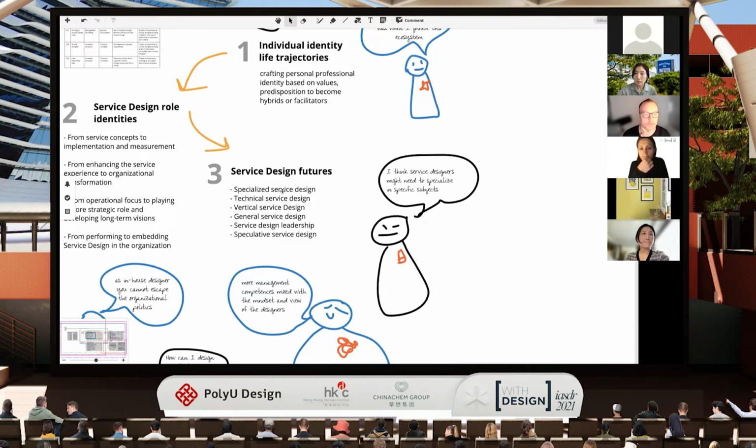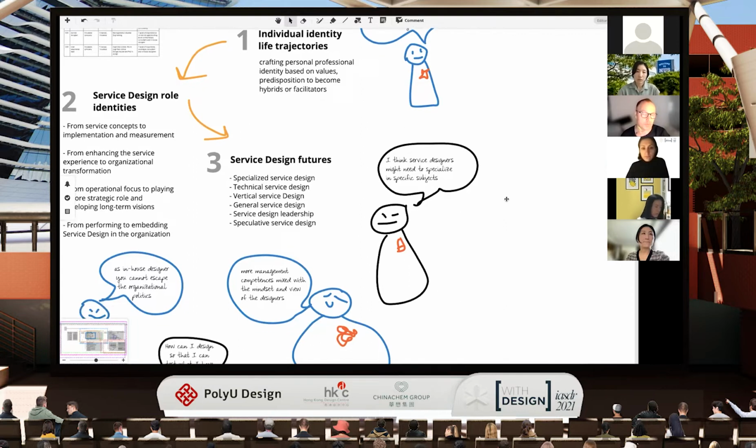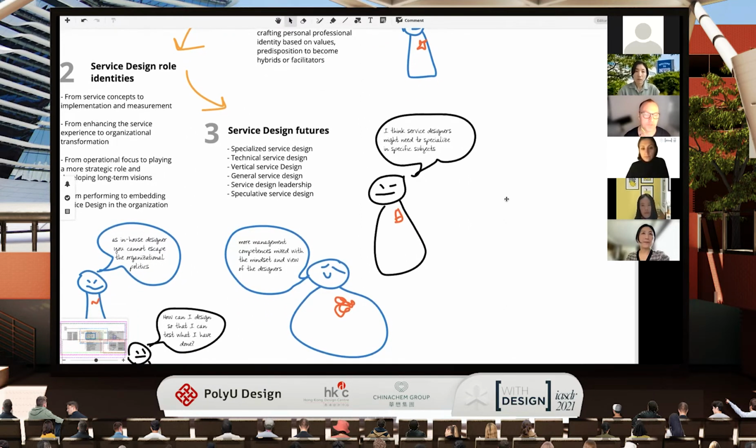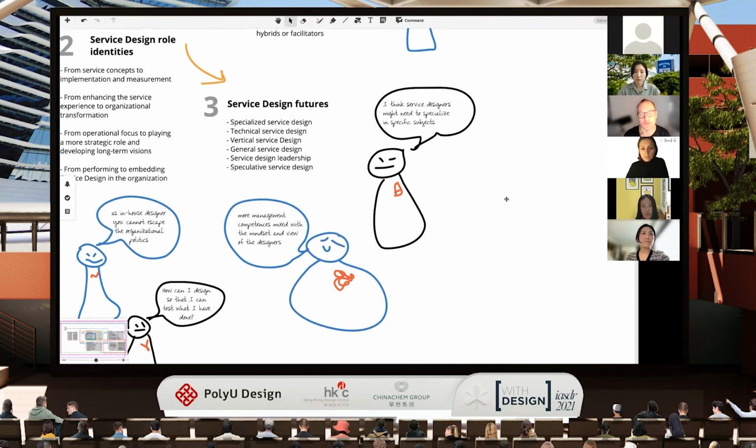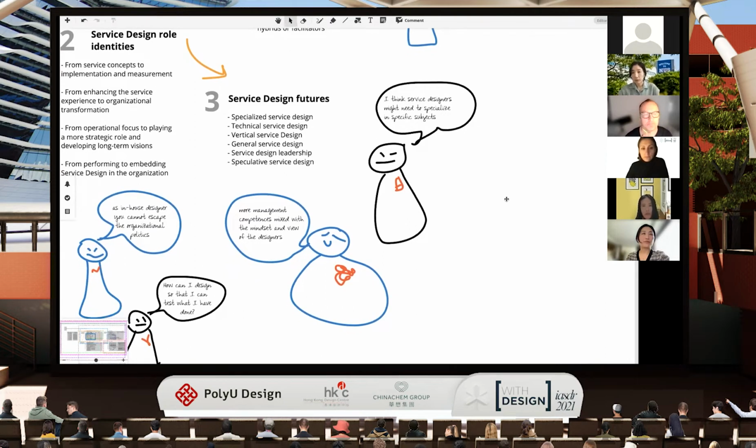So that's also part of this equation with the future. To look at service designers, we need to figure out both people in small and large consultancies, in small and large service companies, etc. So they may develop differently depending on where they are. Yes, thank you for sharing the details.